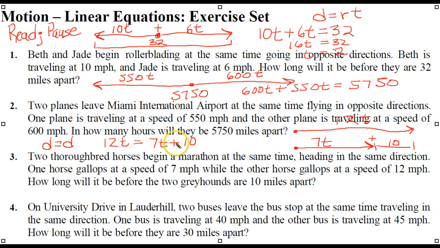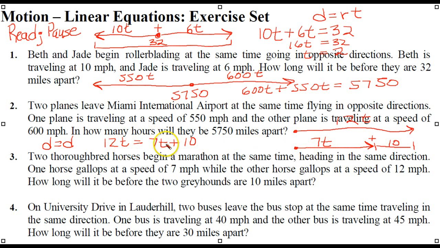And that is the formula. So rate times time, that's distance, and then this is the physical 10 miles difference between them to have the distances equal one another.